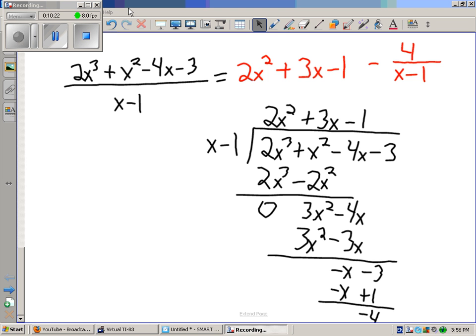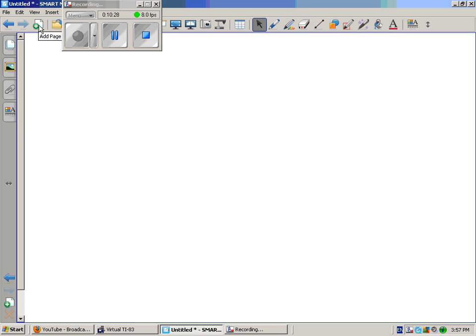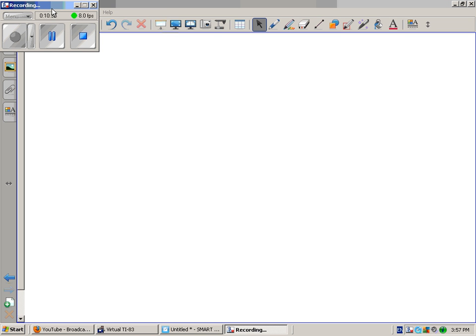We finally have one more thing we need to look out for. That is this. What do we do if we have some missing terms? For example, all of our earlier examples have had a polynomial that we are dividing into of descending terms. We've had an x cubed term, x squared, x to the 1, and then our constant term. But what if we have this?